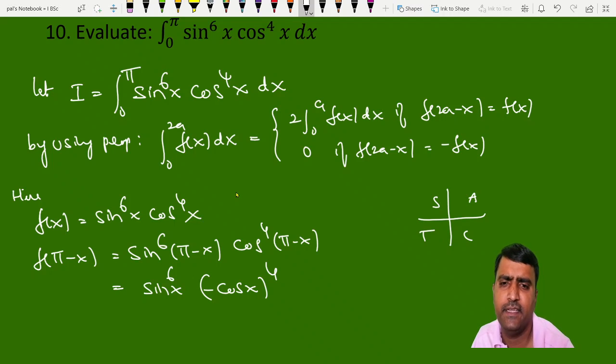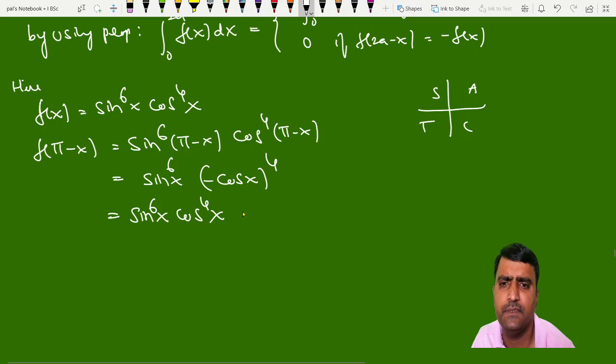So it is equal to sin to the power 6x into minus cos x to the power 4, which is cos to the power 4x, because minus into minus into minus into minus, if you multiply 4 times, it is plus 1 only.